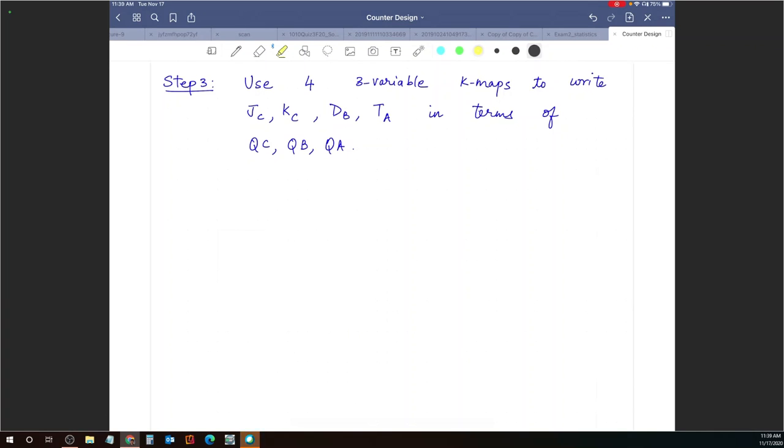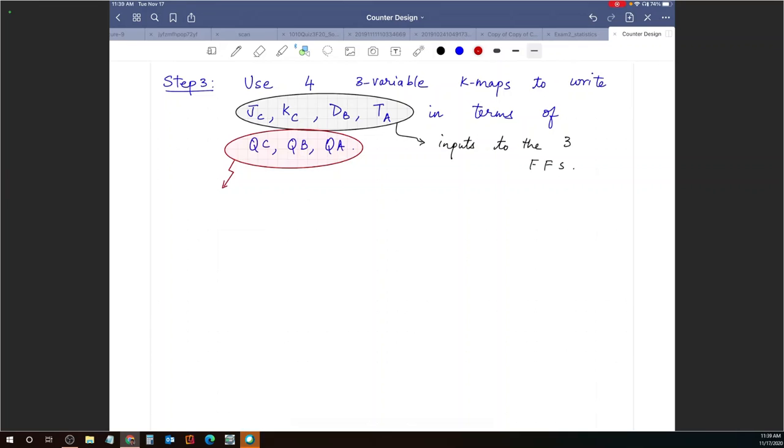The idea is these 3 guys are inputs to the flip-flops, and these 3 guys are outputs to the flip-flops. Three flip-flops.